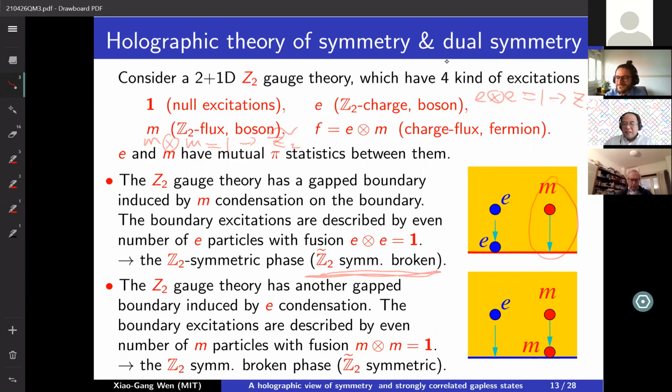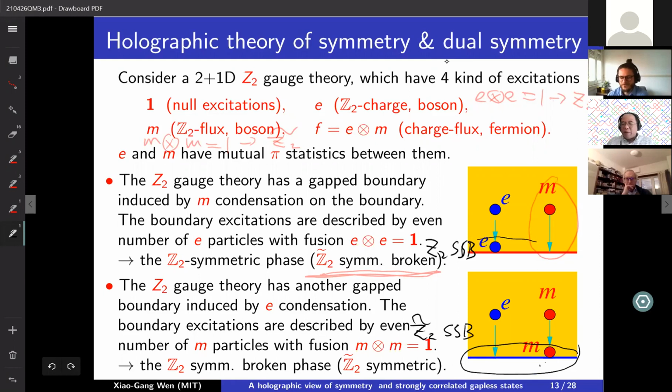So from here we have a different way to view the Ising model. This is a Z2 spontaneous symmetry breaking, and this boundary is an E condensation. That is a Z2 dual symmetry spontaneous symmetry breaking. So those are the two phases of the Ising model we are talking about.